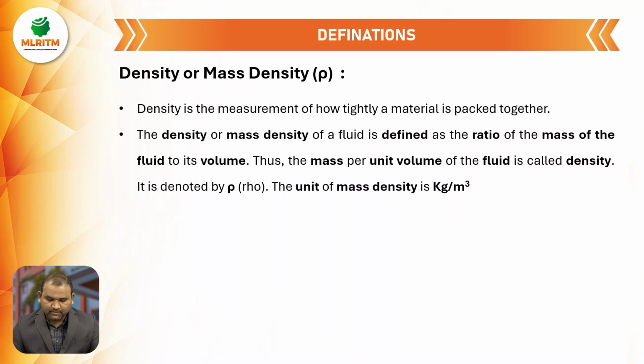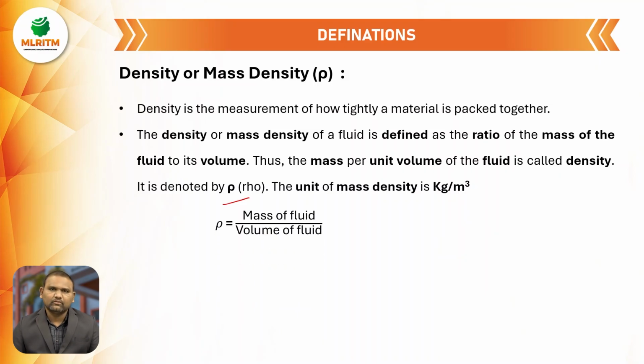Thus, the mass per unit volume of the fluid is called density. It is denoted by rho. The unit of mass density is kg per meter cube.